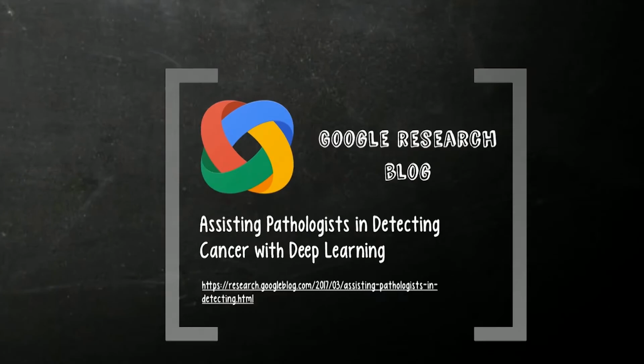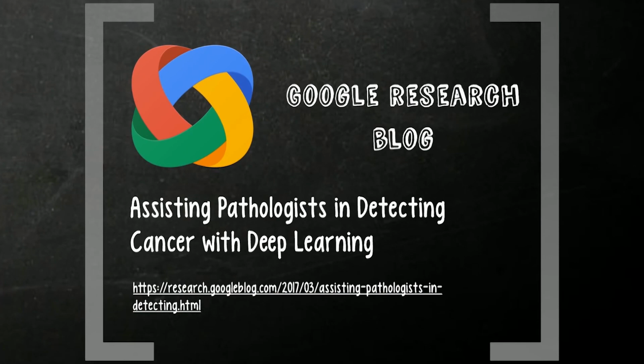But for now, I want you to pay attention to the Google Research blog. Something that I want to do in all of these videos is provide you with a current article that highlights some cool things that are going on in machine learning today. So if you haven't checked out the Google Research blog, you should definitely do so. This is a great article on how a deep learning algorithm is being used to assist pathologists in detecting breast cancer.